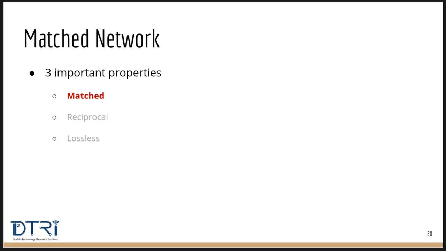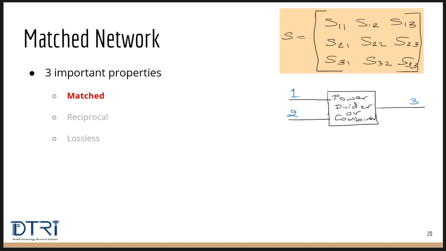The power divider or combiner that we saw in the previous slide is an example of a three-port network with an S matrix as shown here. The numbers 1, 2 and 3 represent the three ports of this power divider or the power combiner. Say I am measuring the S parameter S11 which is at port 1.